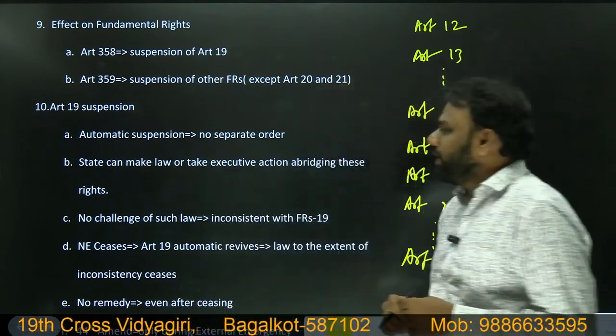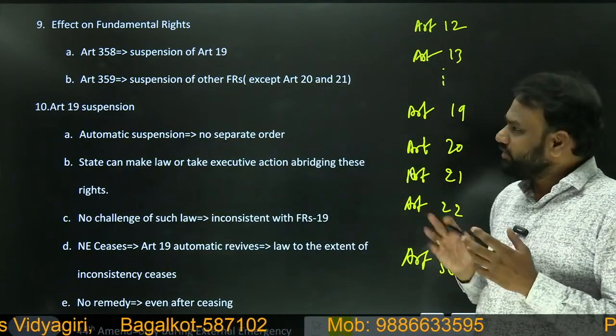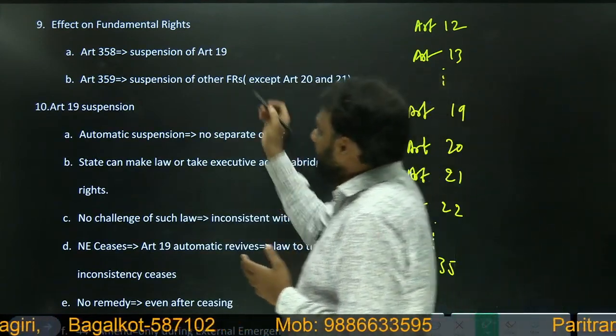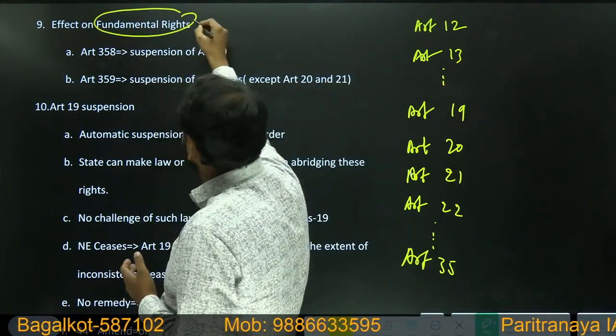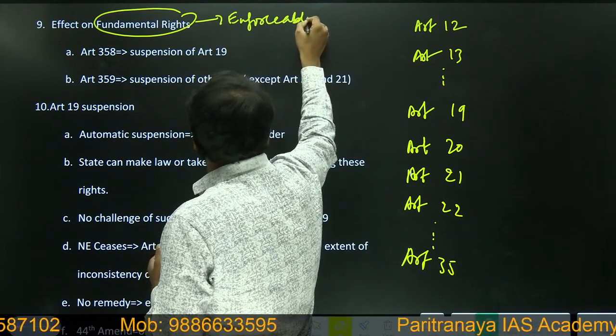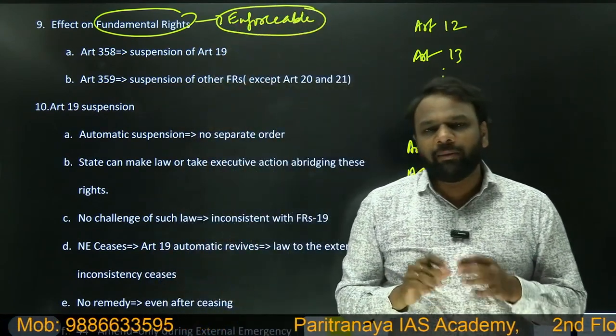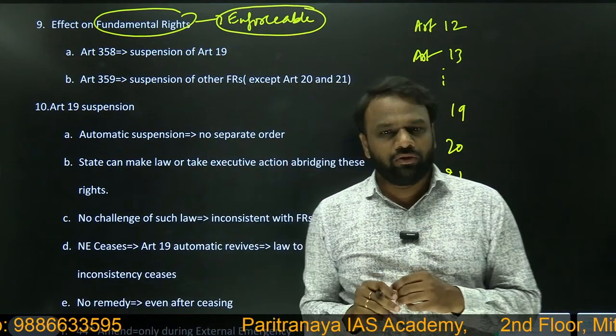So from article number 12 to article number 35, we have fundamental rights. These fundamental rights, we have discussed that they are enforceable. Enforceable means whenever a fundamental right is violated, you can go to court.